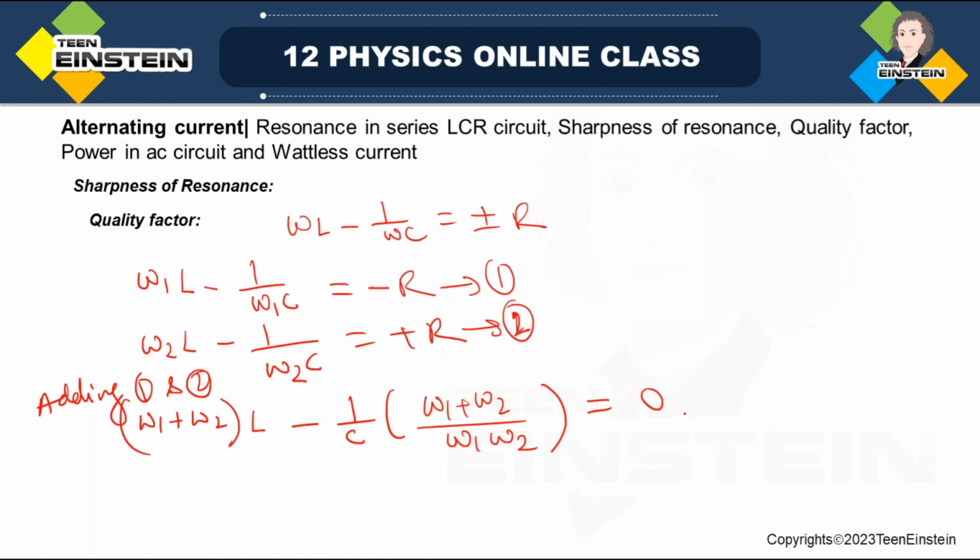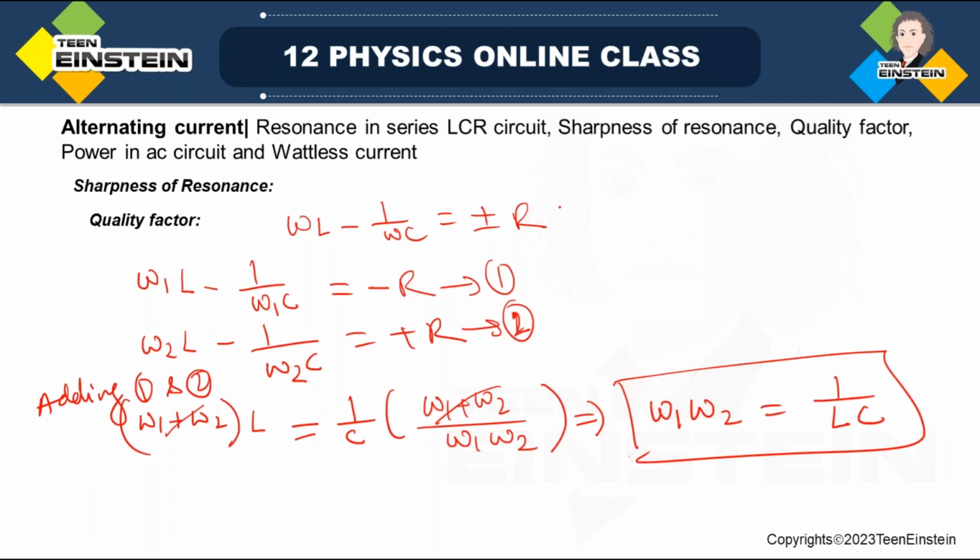So what we'll be getting, from here, this term will cancel each other since 0 was there. Okay, that I could do. So then this will get you omega 1 omega 2 is equal to 1 over LC. If you are confused, let me just give the steps here.